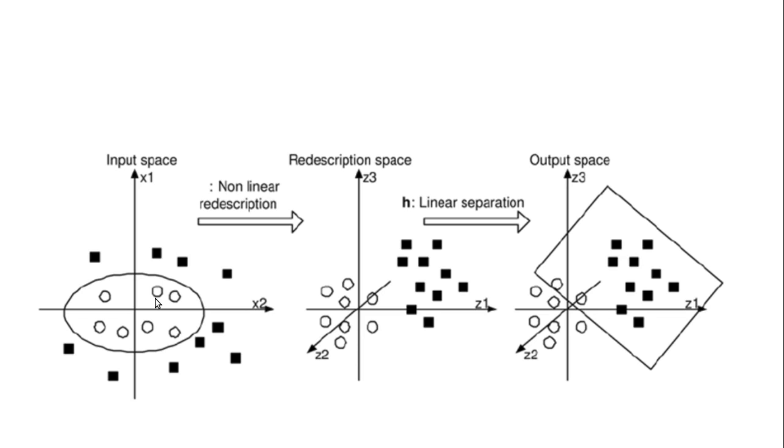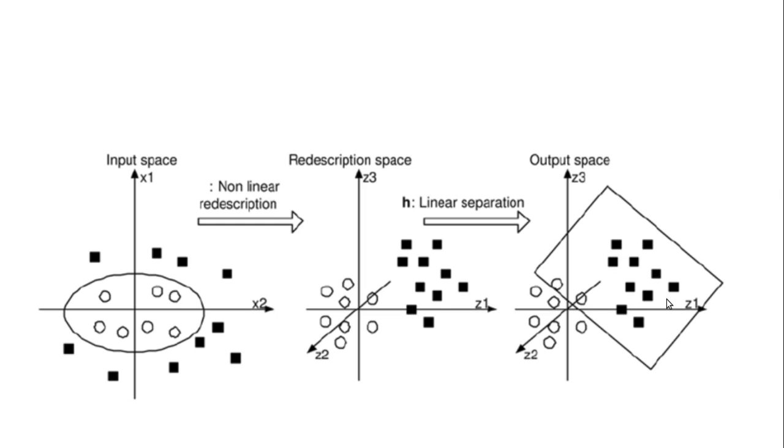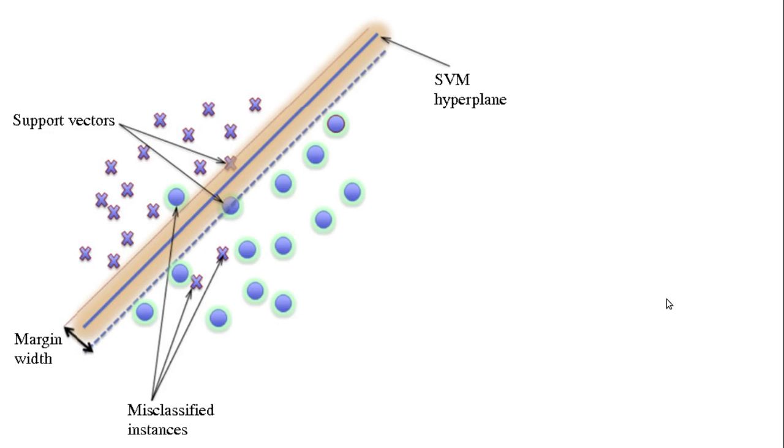Everything that has a distance from the origin less than a particular distance, you map it down. So that's a linear transformation based on radius. Since you use the radius from the origin, it's called a radial transform. Once you do that, they get separated, and then you can draw a hyperplane. So many transformations help us convert a problem that is otherwise hard.